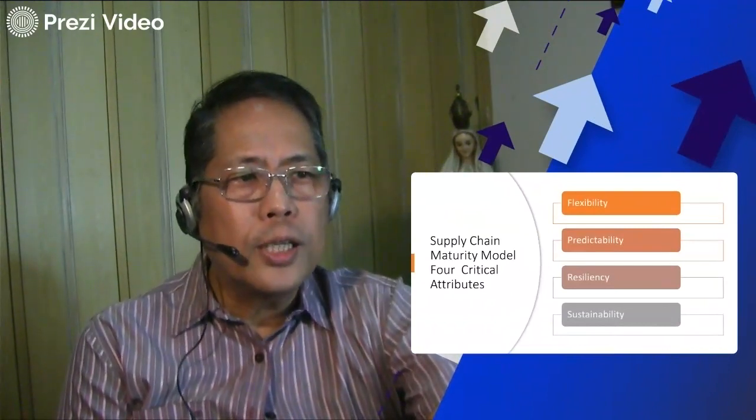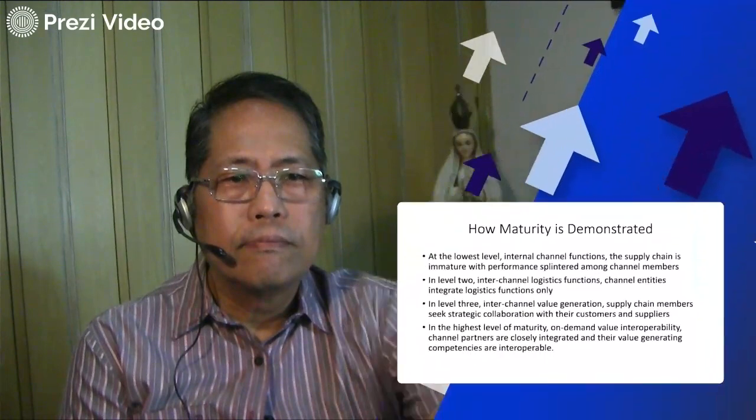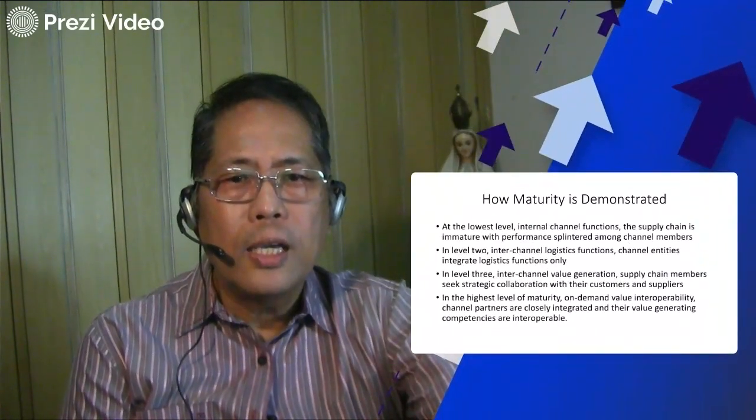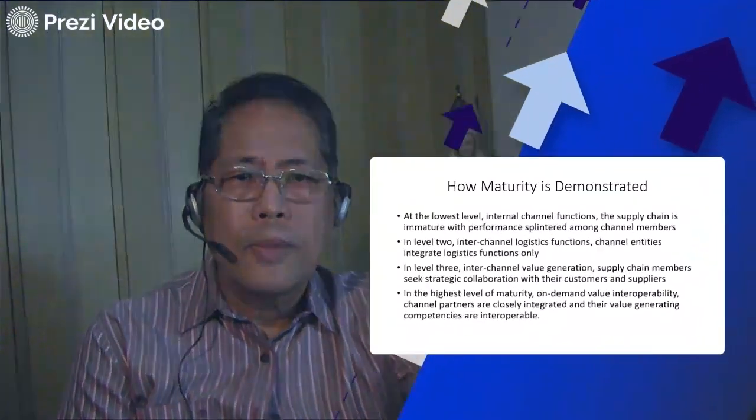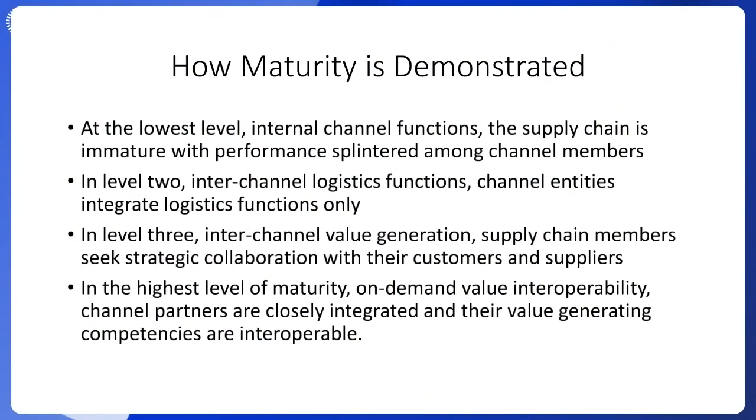The maturity of a supply chain is demonstrated by how closely it is integrated. At the lowest level, internal channel functions, the supply chain is immature with performance splintered among channel members. In level 2, interchannel logistic functions, channel entities integrate logistic functions only.